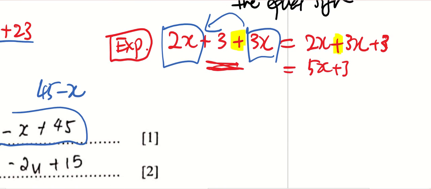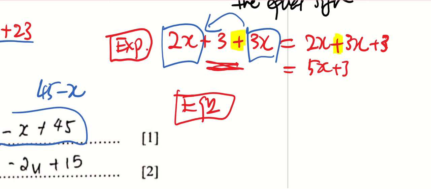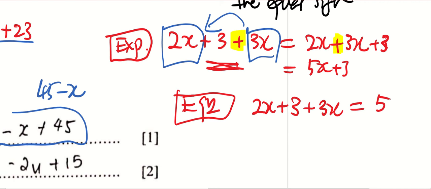I'm not moving things across any equal sign, so it is completely fine. But in the case of an equation, I need to change the sign if I move things across the equal sign. What do I mean by that? Same example, 2x plus 3 plus 3x, and let's say this equals 5.